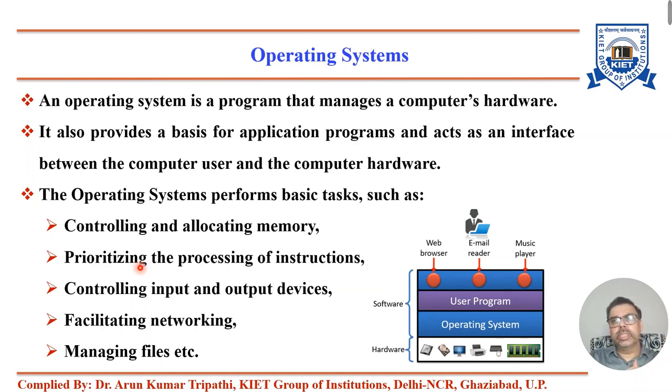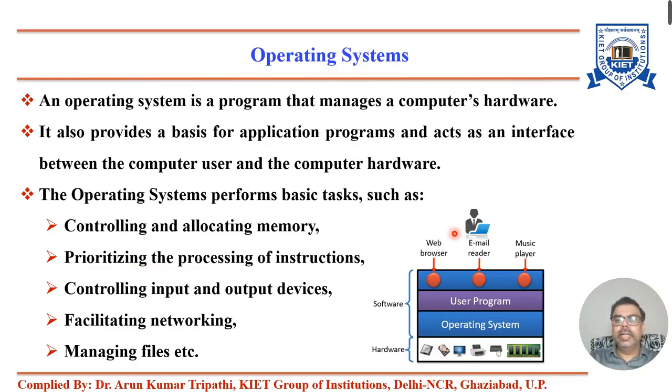A system process in general always has higher priority than a user process. It also controls the input and output devices, provides the networking facility, and manages files and the file system. We will discuss these in lecture number 2.